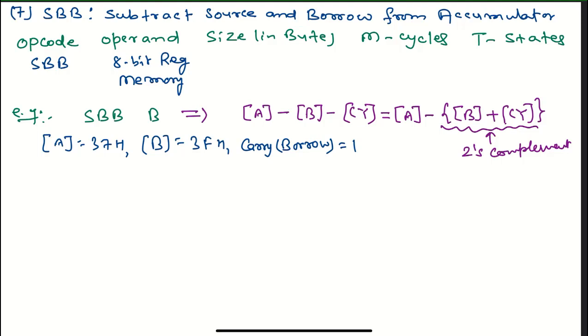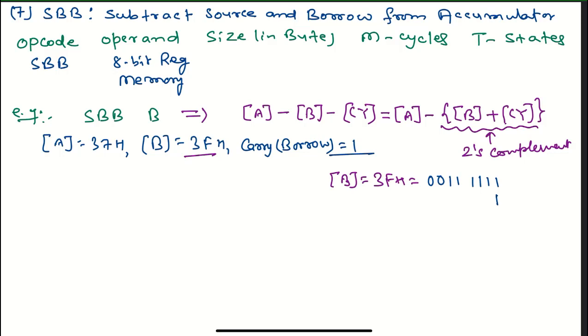The B register content I considered as 3FH. This 3FH can be written as 0011, and for the F it is four times 1, and the carry or borrow status we considered as 1.